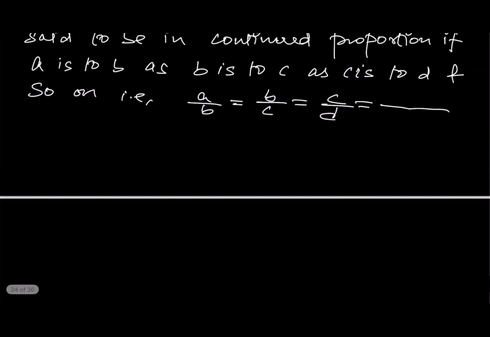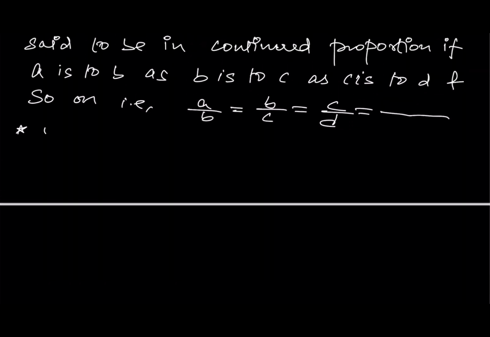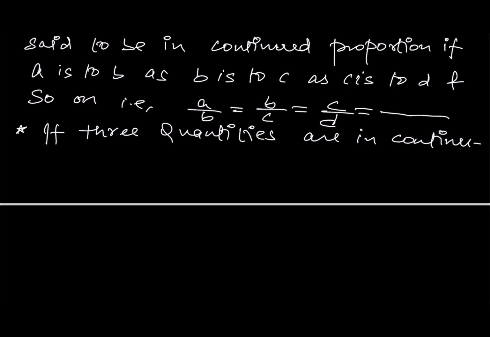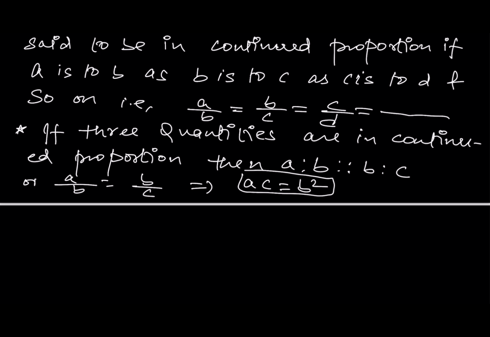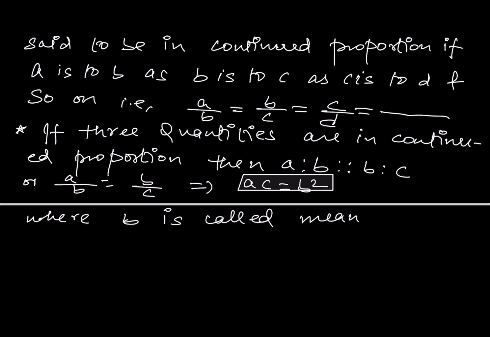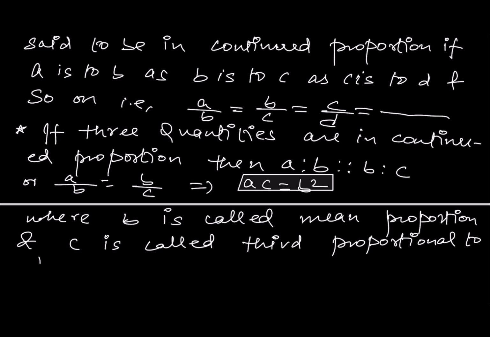Okay, also if three quantities are in continued proportion, then A is to B is to B is to C, right? Or A by B is equal to B by C. It means AC is equal to B square, right? Where B is called mean proportional and C is called third proportional to A and B.